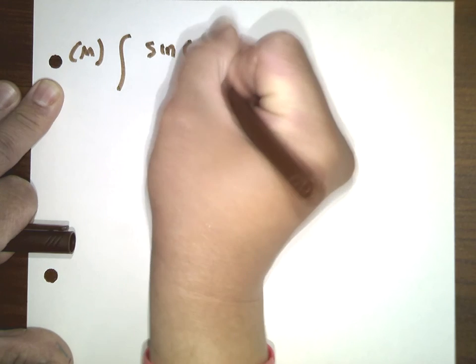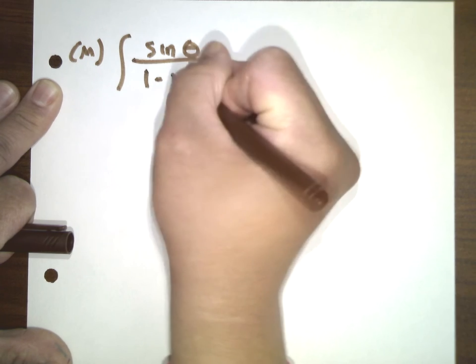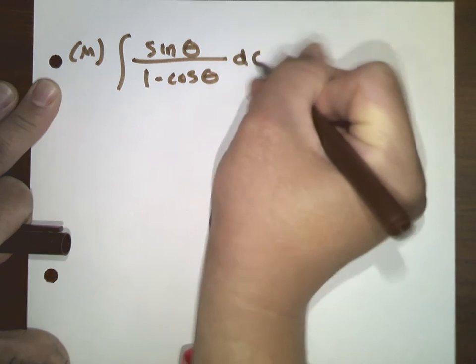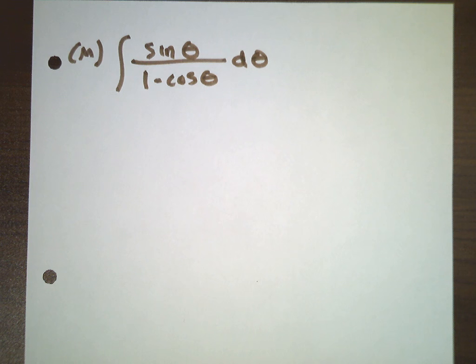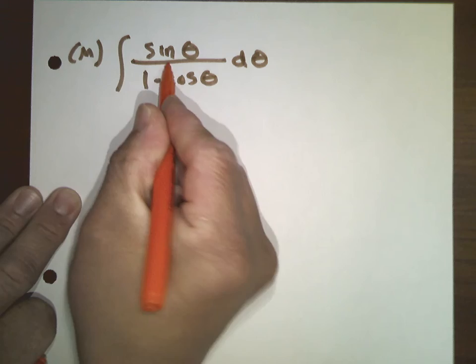All right, so now problem M was the integral of sine of theta over 1 minus cosine of theta d theta. So when I have a problem like this, again, I might go ahead and let the denominator be equal to u.